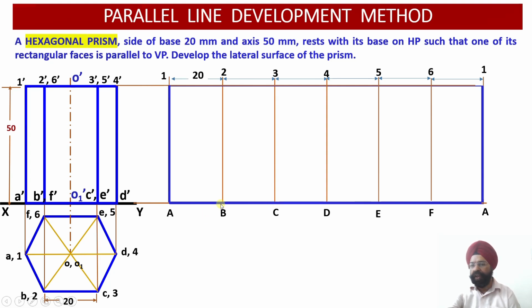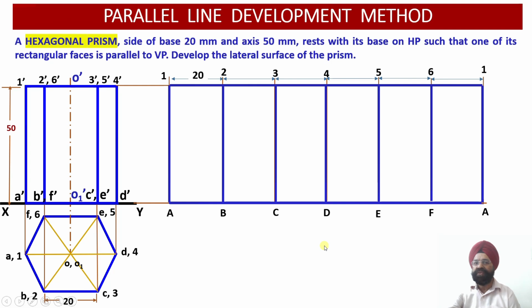And having drawn these lines, now I need to join the lateral edges, that are the vertical longer edges. So this completes the construction of the development of the hexagonal prism using the parallel line development method. Here we have not gone for any cuttings, but it is just to demonstrate how the basics of the different solids can be obtained.